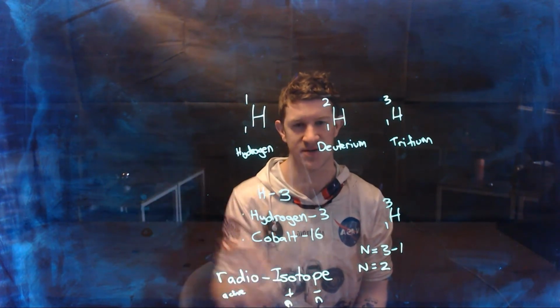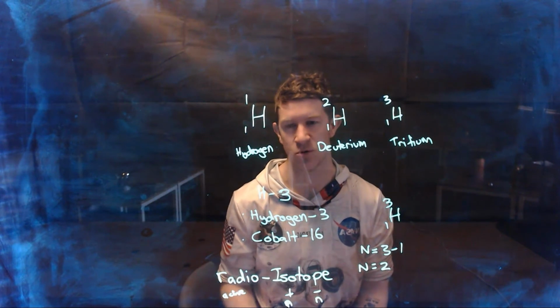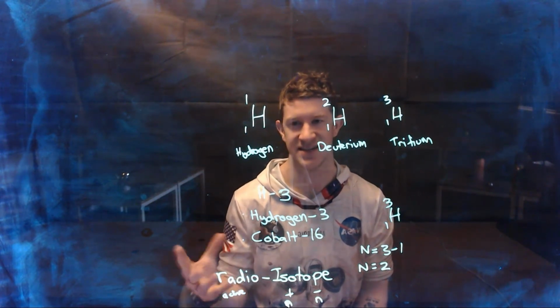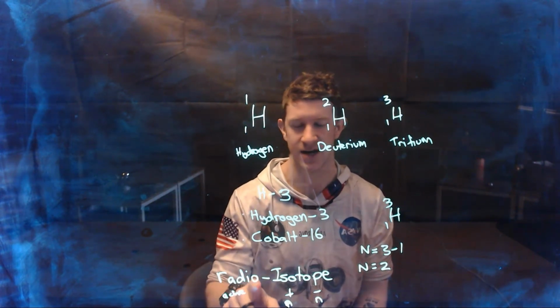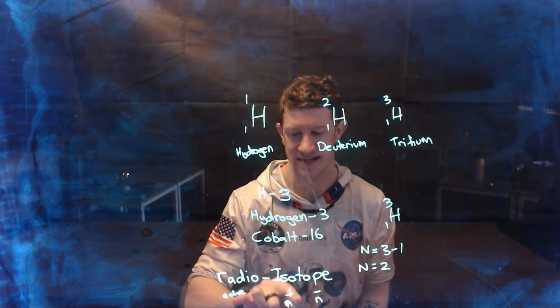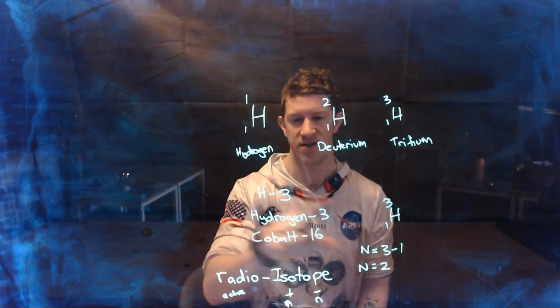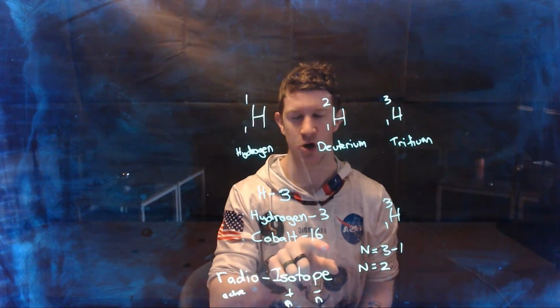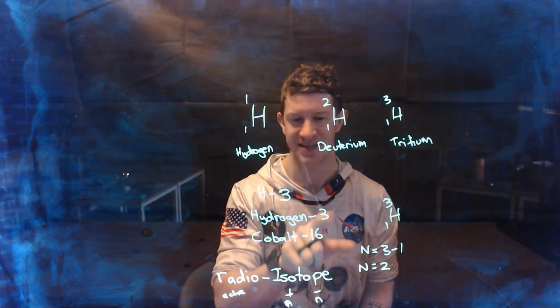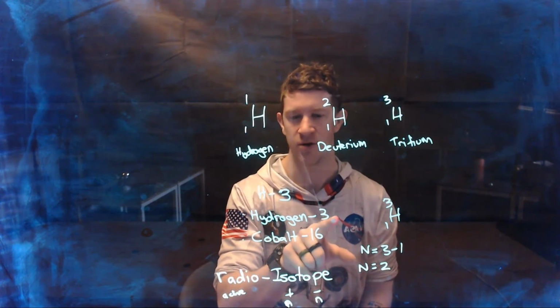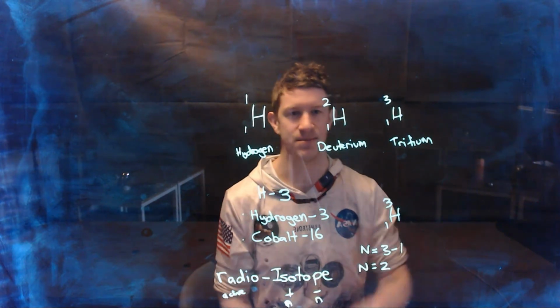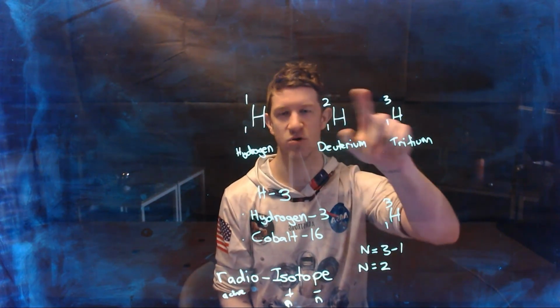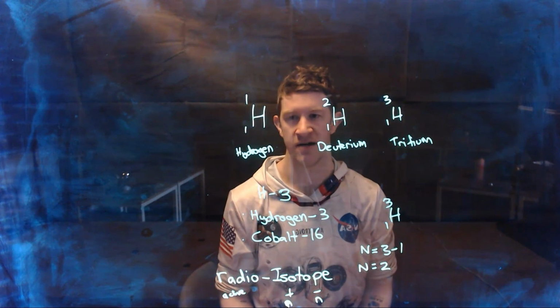On both sides of that, we get unstable elements, and that becomes radioactive. So a radioisotope is a radioactive isotope. This notation, like hydrogen-3, cobalt-16, just tells you the mass numbers to indicate that they're not the ordinary mass numbers. The isotope just has more or fewer neutrons than it ordinarily would in its plain old form.